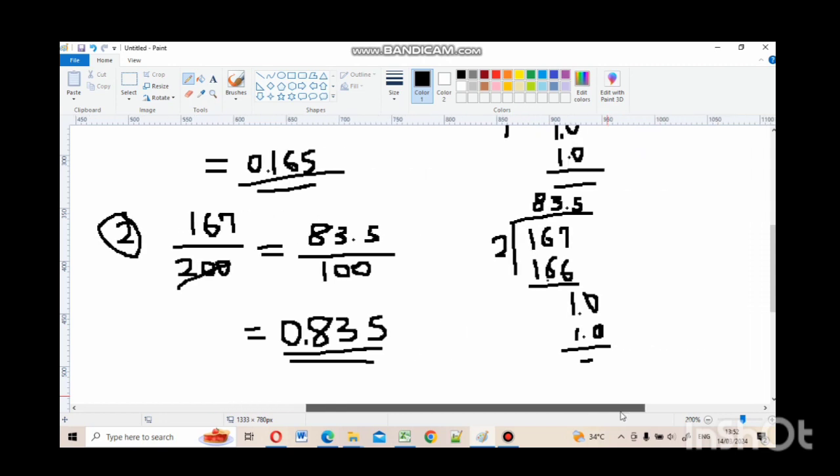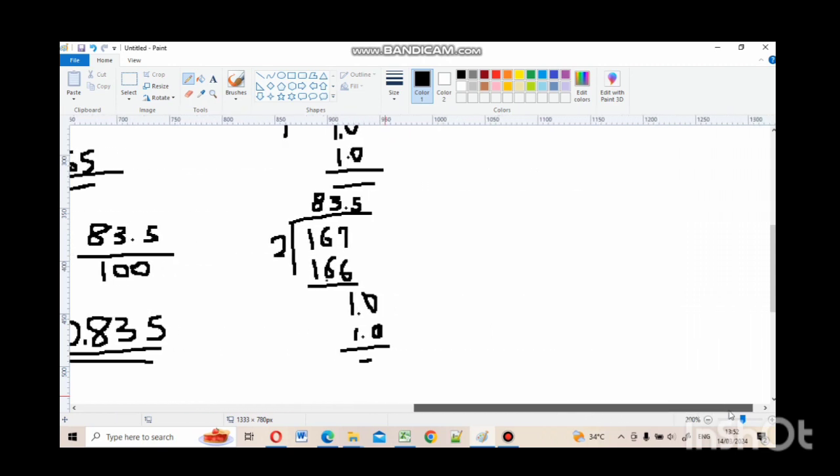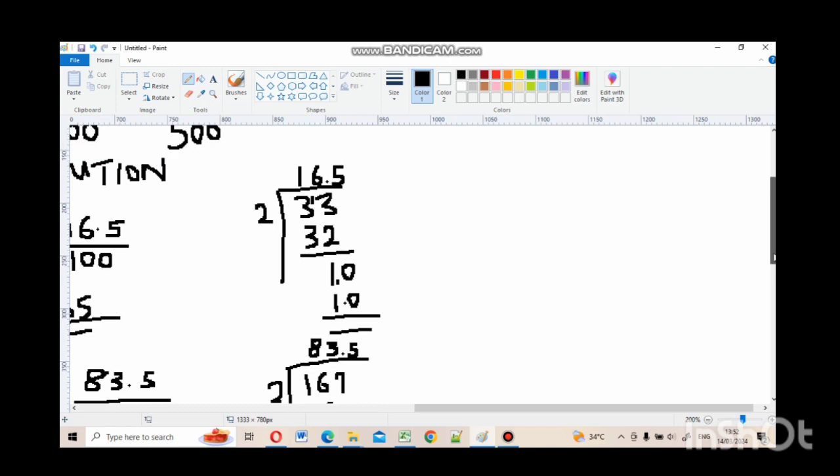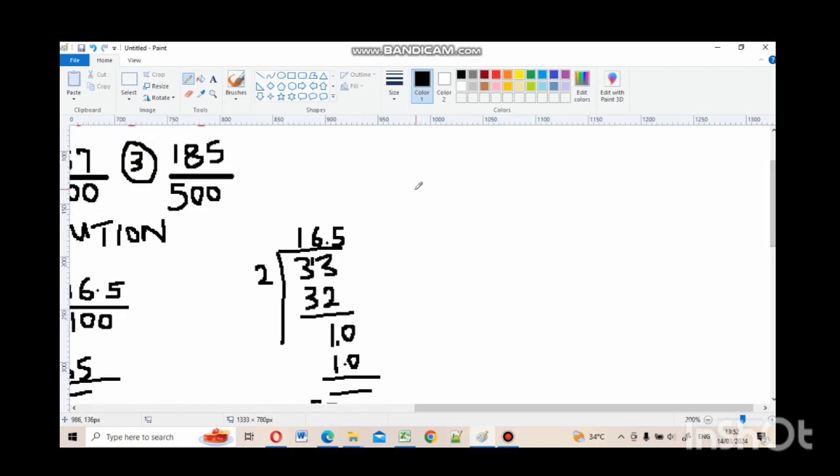Going further, let's solve question number 3. Question number 3 says 185 over 500.